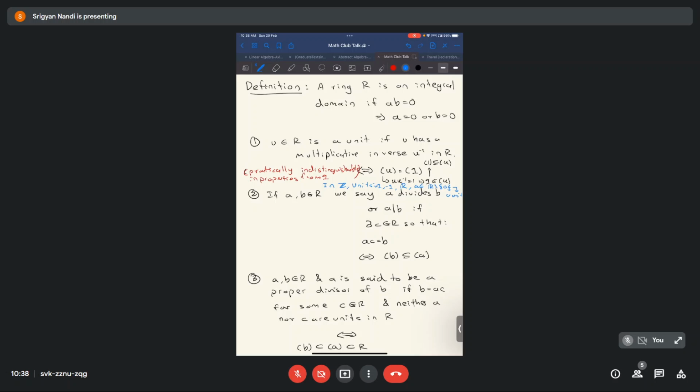Now the second definition that we go to is that of divisibility.